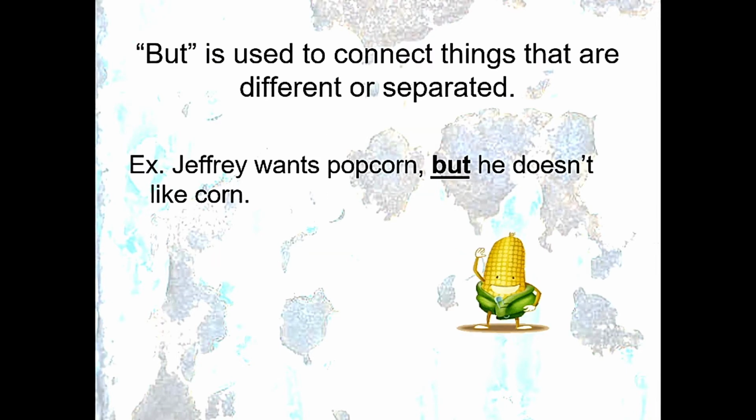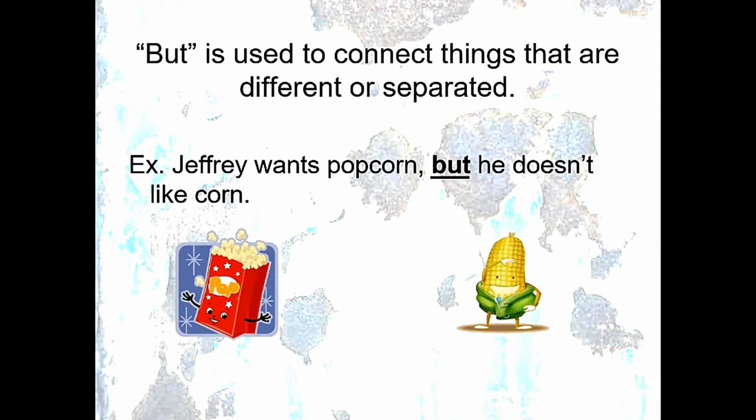Another conjunction, but. But is used to connect things that are different or separated. Example, Jeffrey wants popcorn, comma, but he doesn't like corn. Another example, Isa walked to the class, comma, but Arvin ran.